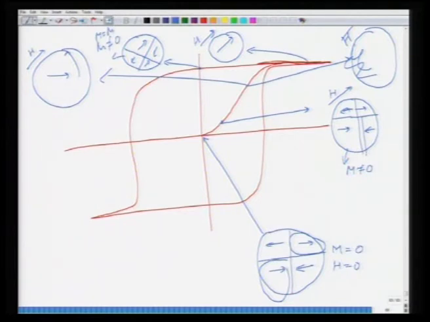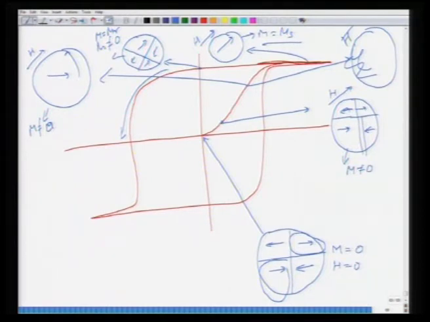So, m is equal to Mr, and here you had m not equal to 0, and this was the situation where m was equal to Ms. So, from Ms to Mr there is a slight drop because of formation of oppositely oriented domains, and this happens by gradual flipping of some of the magnetic dipoles in this otherwise monodomain region, and the whole process continues.